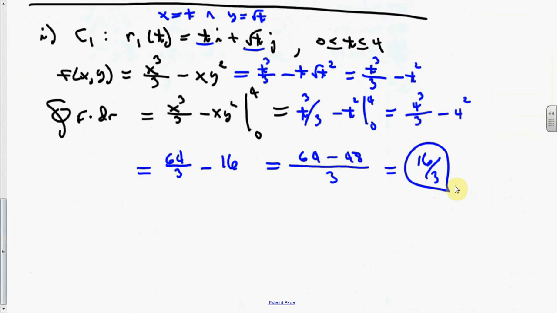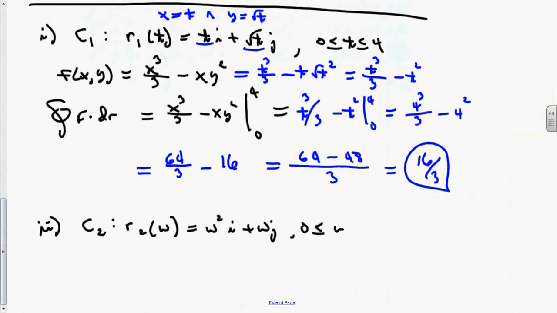So the only work that we did was to find that potential function. Now let's see how easy it is to do part 2. The curve C sub 2 is given by the path r sub 2 of w equals w squared i plus w j, where w goes from 0 to 2.